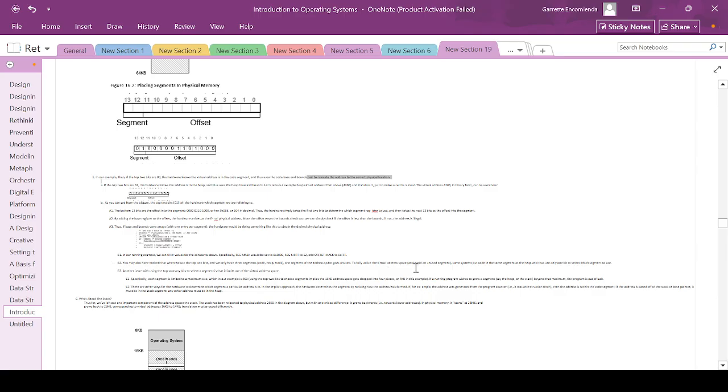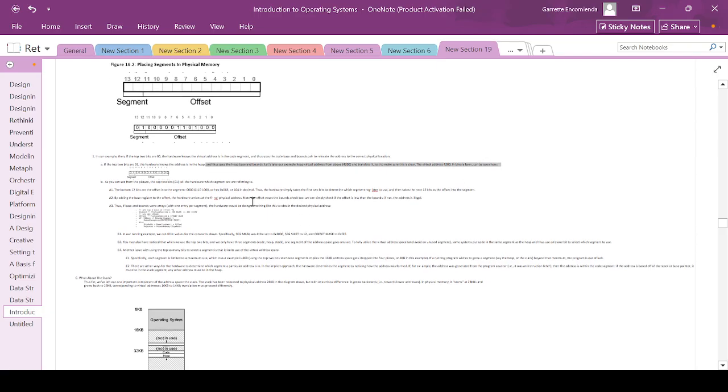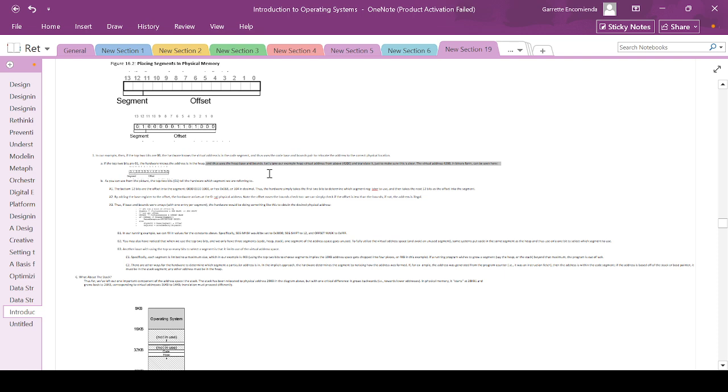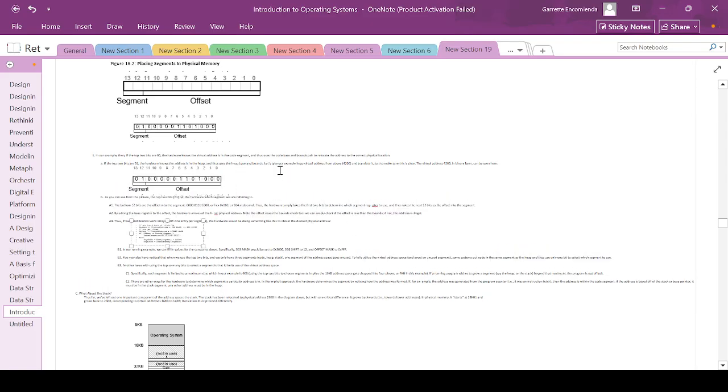This is how the hardware knows it's the code segment, because it's the start: the code, the heap, and lastly the stack. So if the 2 bits are 01, the hardware knows the address is in the heap, because that's the next segment after the code, and thus it will now use the heap base and bounds. So this is how we translate that offset number.